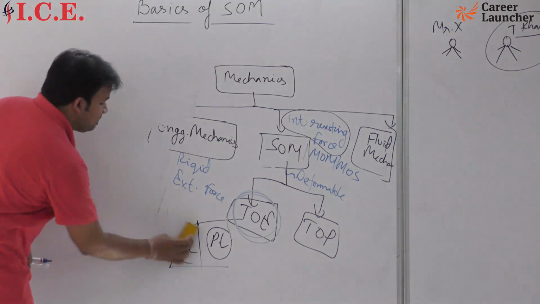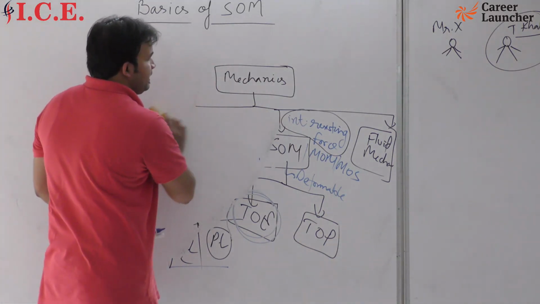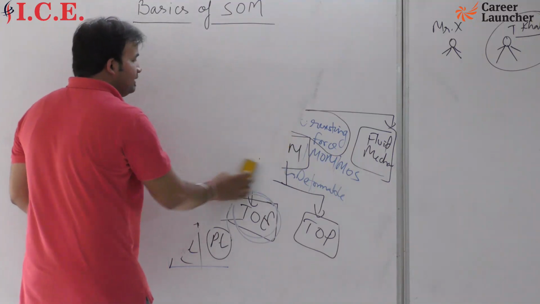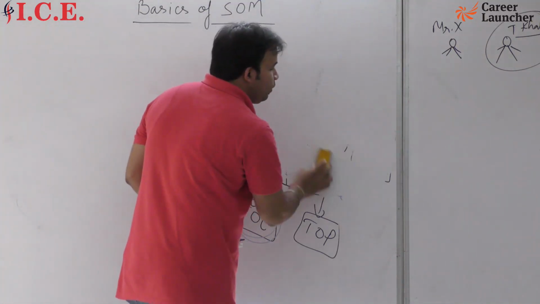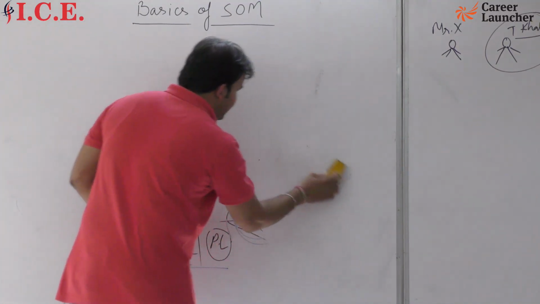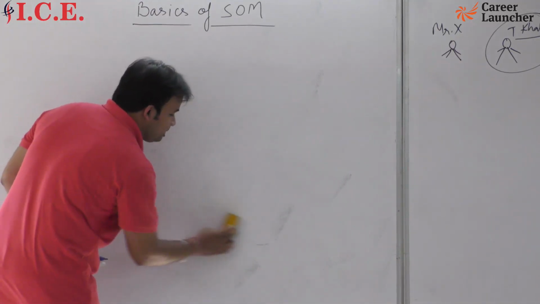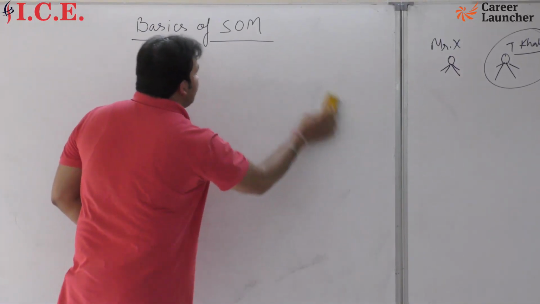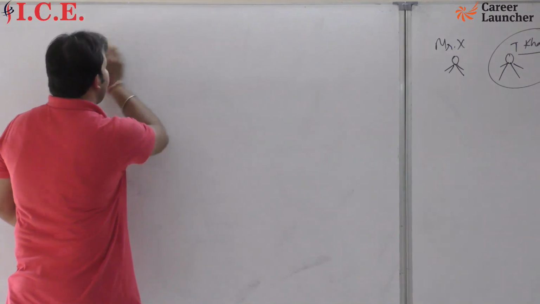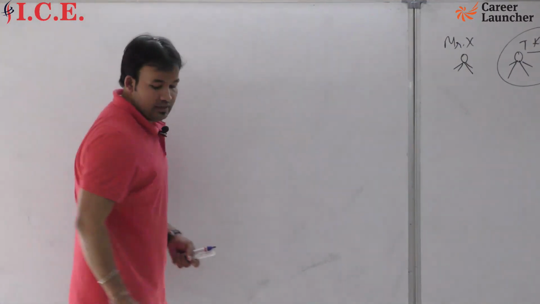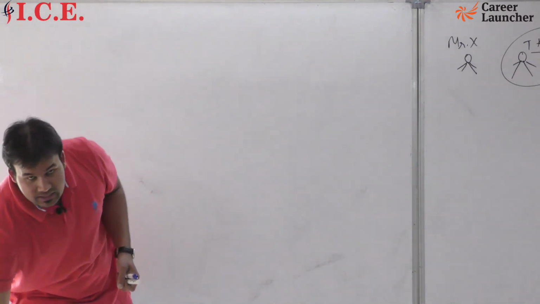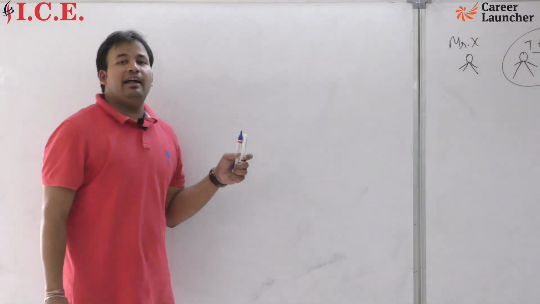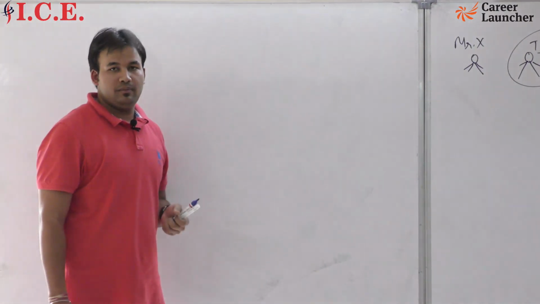So till now we have discussed what is the meaning of strength of material, and now we are going to discuss what is the aim of strength of material. In this subject, what we have to think or what we have to focus on. As I told you, in this subject, the basic understanding is very, very important.